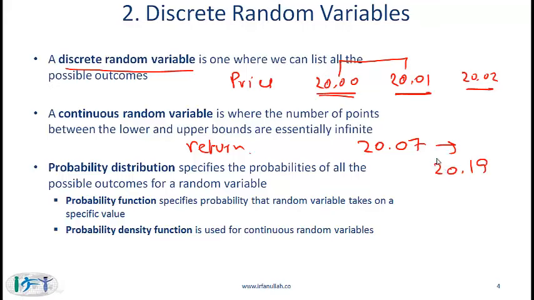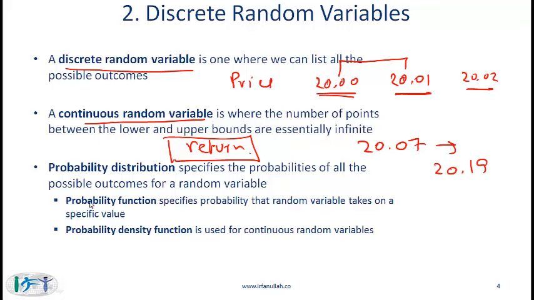So if you really think about it, the number of possible returns that you can have are infinite, because if you go down to hundreds of decimal places, then obviously the number of possible answers are infinite. When that happens, you have a continuous random variable, and as I said, the classic example would be the return on a stock.